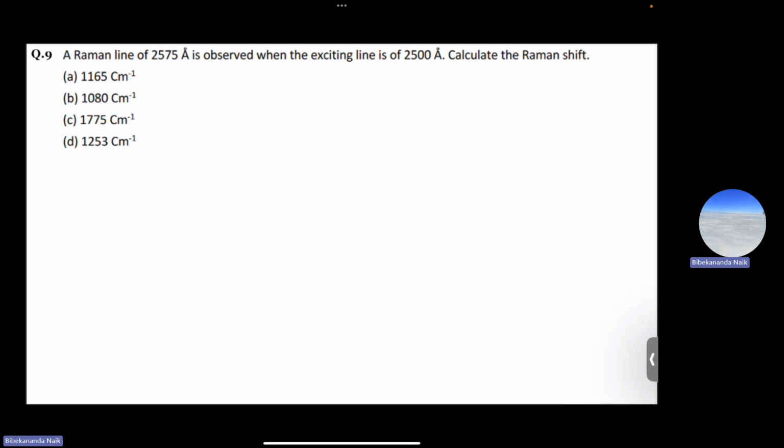So the Raman line is 2575 Angstrom and the exciting line is 2500 Angstrom, and we need to find out the Raman shift. So I'll give you a few minutes to think about this question and calculate the correct answer, and then we will discuss.